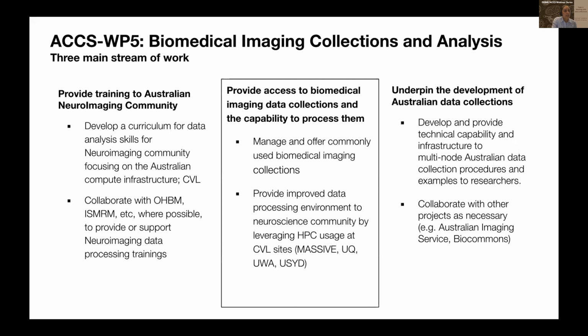What's the benefit for researchers? You can access terabytes of commonly used data collections that are managed centrally for authorized users to use, and it's located on the servers on HPCs, high performance computing systems, for you to process data for more computationally intensive image processing pipelines.